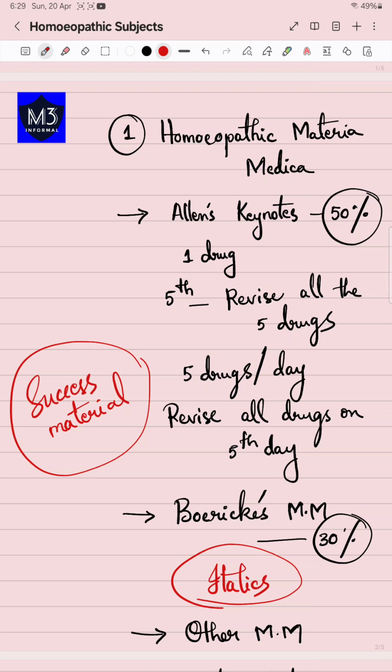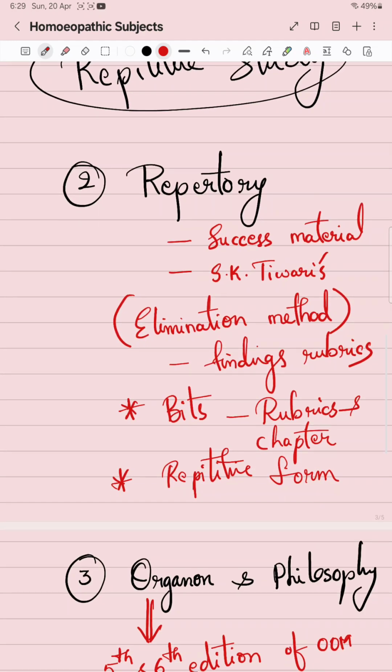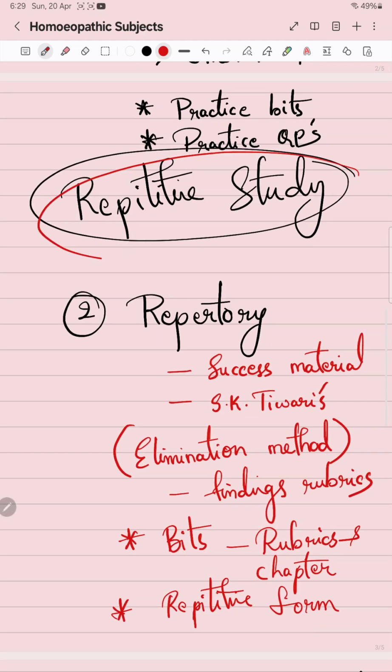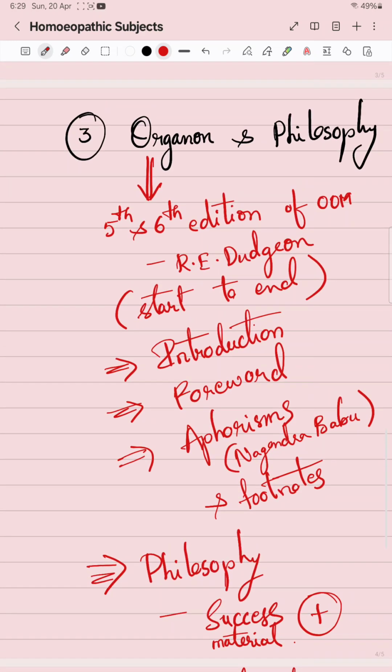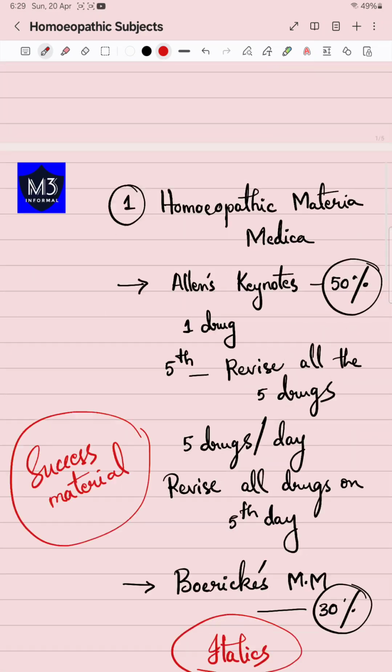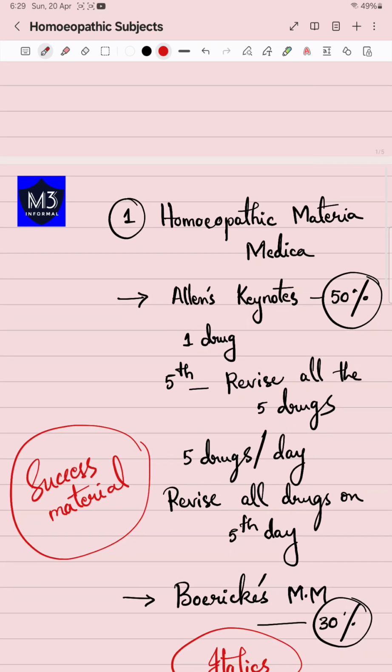So, you have to practice more bits in this context and do the repetitive study. The more you repeat, the more you recall, the more you can recall in a quick manner and attempt the bits. So, this is regarding the homeopathic subjects preparation for MD AIAPGT.